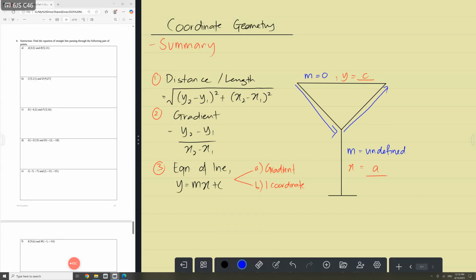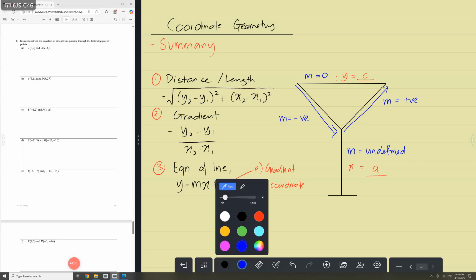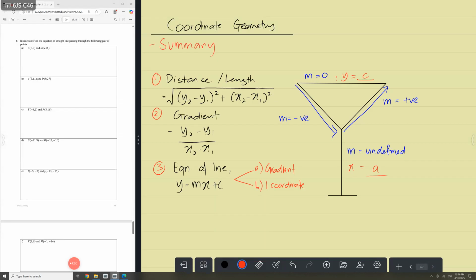Any line that is going upwards has a positive gradient, and any line that's going downwards has a negative gradient. With these two in mind, we know our equation of line will be y equals mx plus c, or minus c. For a line that's going down, the equation is always y equals negative x plus c or minus c. It depends on where it cuts the y-axis.